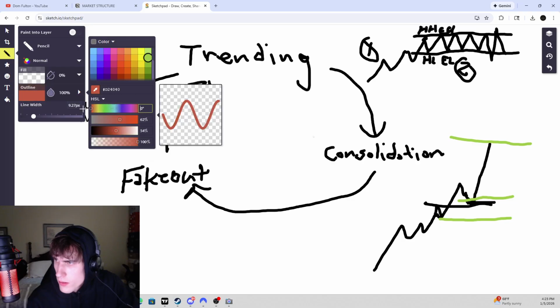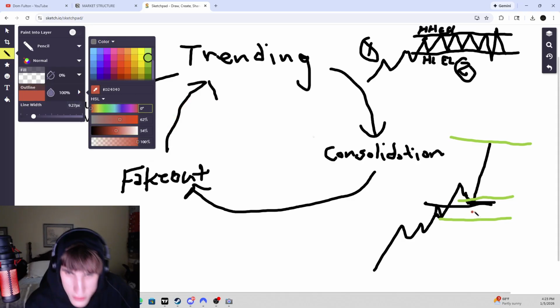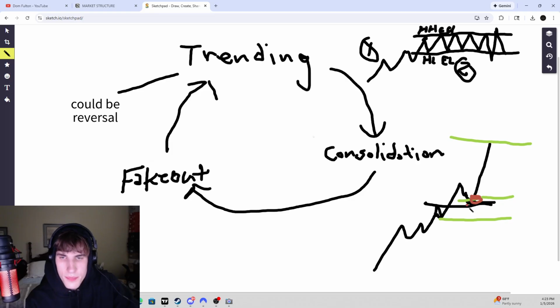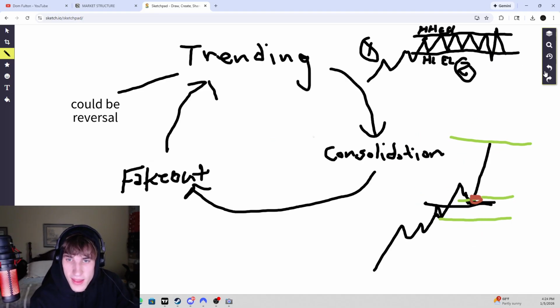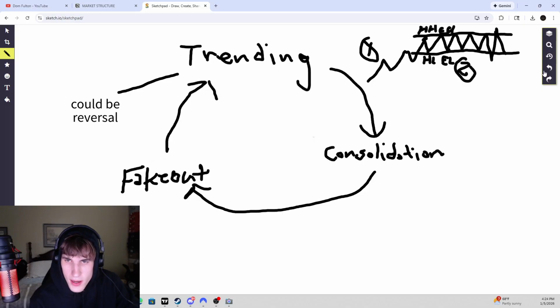Let's say you get in, fine and dandy, and then guess what? Big wick comes, you get stopped out, and then the market continues without you. That is what you call a fake out. I demonstrated this on the chart and I'm going to give some more examples. But that right there is a fake out, okay?